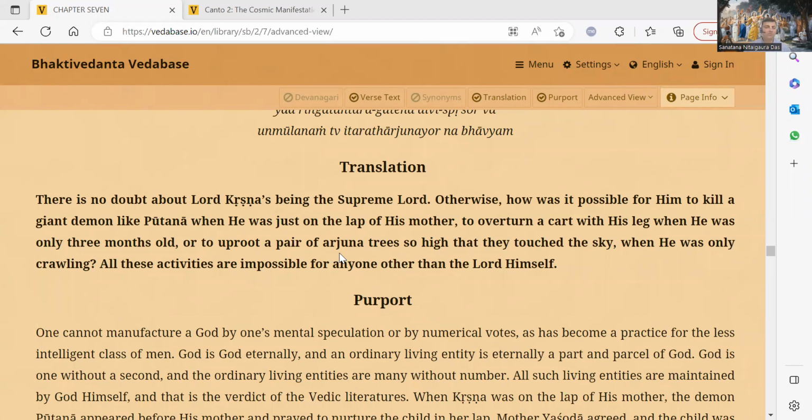He's tied to the wooden mortar. So he goes and breaks down the Yamala Arjuna trees that are carrying these two people who were cursed by Narada Muni, right? That's the pastime here. We will see a little more when we go on to that Damodar Leela.